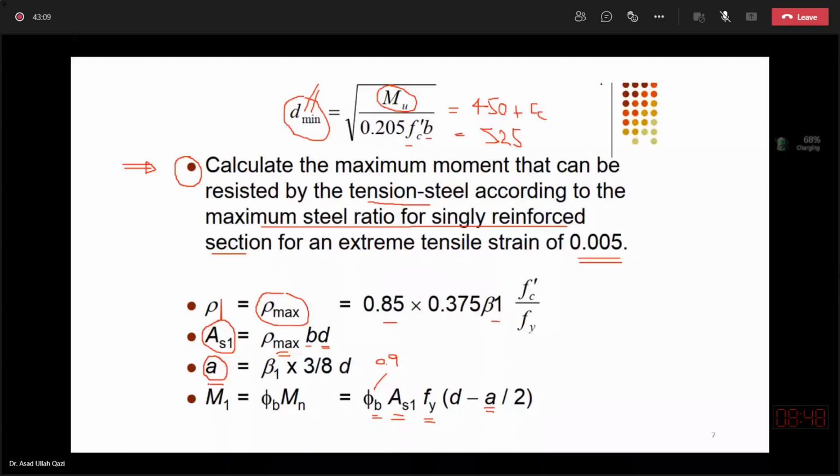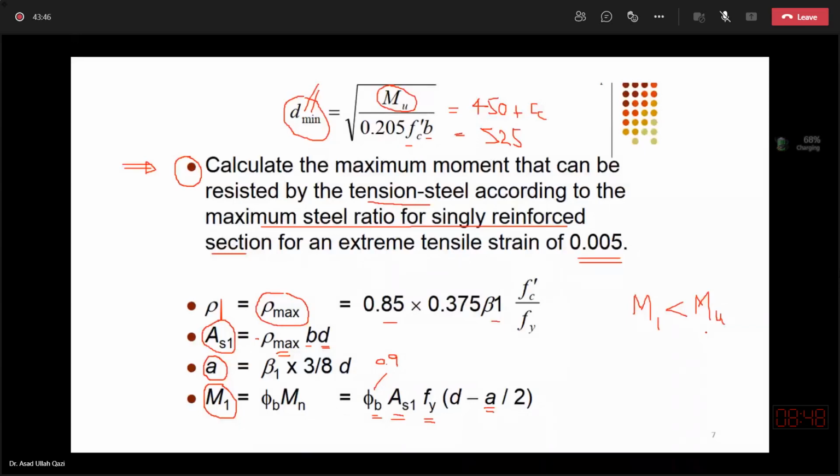So that M1 is based on As1, and As1 is based on rho max. Obviously this M1 will be less than your demand, which is Mu, because if it were equal to Mu, it would mean your singly beam capacity equals the demand. Even though you reduce the d, M1 will definitely be only some magnitude out of the total required.